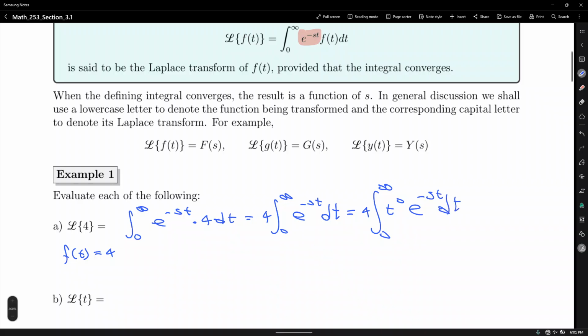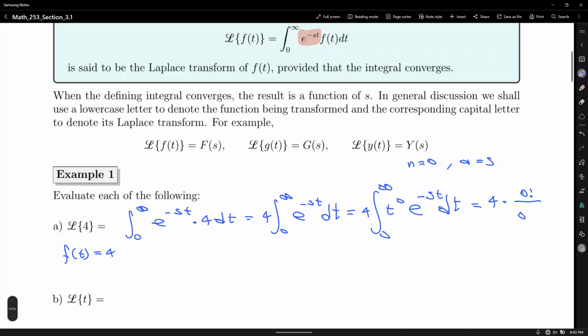Do you guys agree with that? I mean, t to the 0 equals an invisible 1 in the integrand. Okay, so using the gamma function, this would be 4 times the factorial of the power of t, which is 0 factorial, over, well, actually, n equals 0 and a equals s.